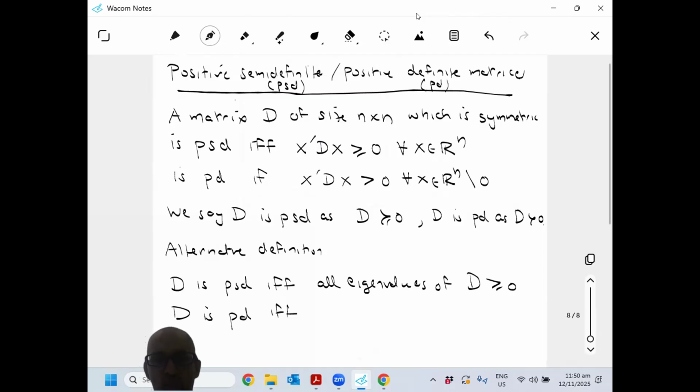By the way, this is a definition, so I can use if and only if.